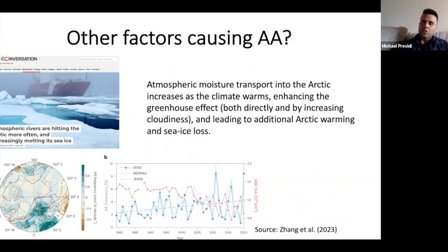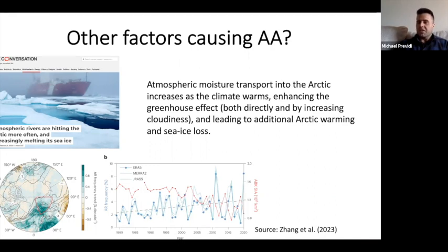I think this is one of the factors we have greater confidence is actually important for Arctic amplification, and that is atmospheric moisture transport. As the climate warms, atmospheric moisture transport into the Arctic increases.